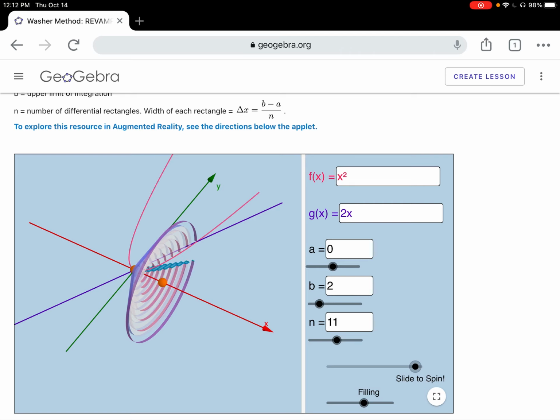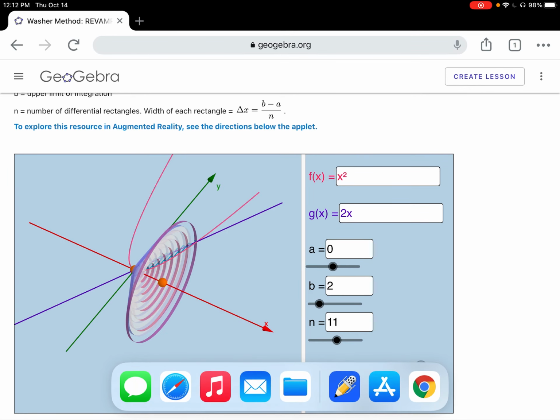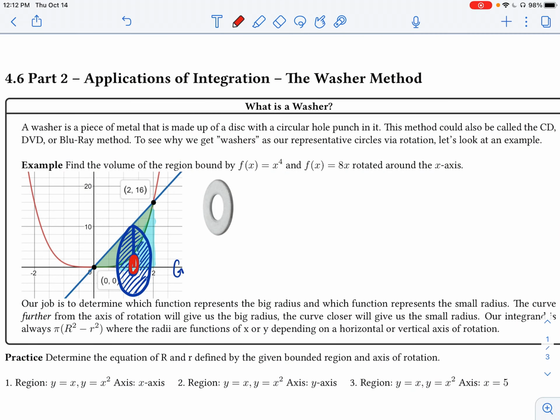It's almost going to look more like a cone than anything else. It's not fully solid. There is going to be some hollowed out region based on the space in between the enclosed region and whatever axis you're rotating about.